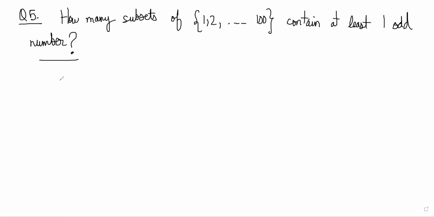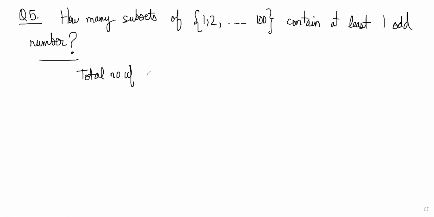Now, this will introduce a very important technique of complementary counting. Basically, it is difficult to count directly this question because with at least one odd number, you could have one or more odd numbers, right? So there will be many cases of having different amounts of odd numbers, right? So the best way to do it is to subtract from the total number of subsets.